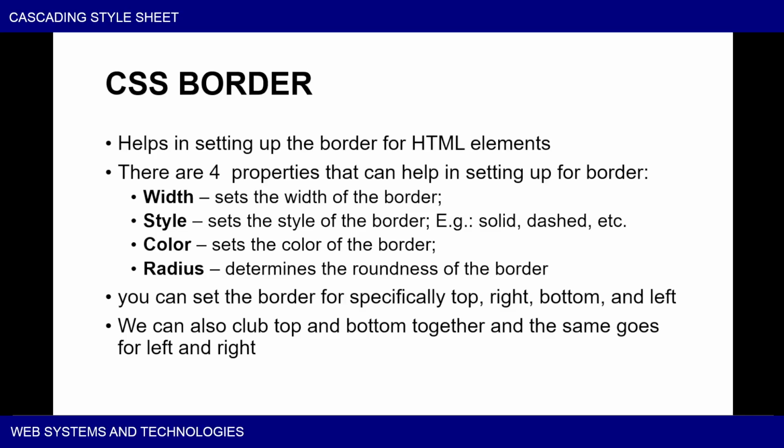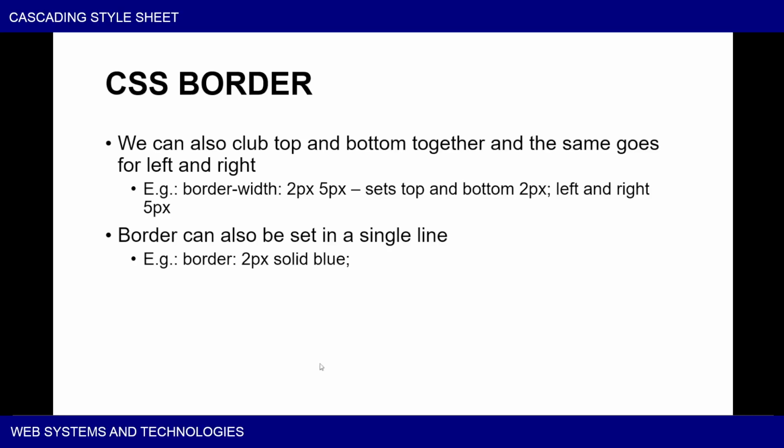So you can set up the border for specifically top, right, bottom, and left, or you can also club the top and bottom together and the same goes for left and right. So pwedeng ganun yung pag-set ng inyong border. So let's have an example, an implementation. Yeah, by the way, so we can also club the top and bottom together, and the same goes for the left and right.